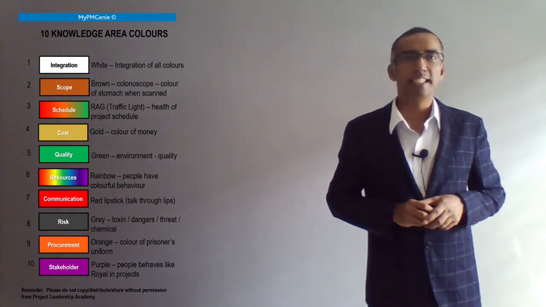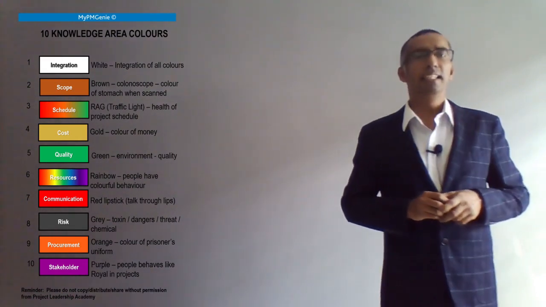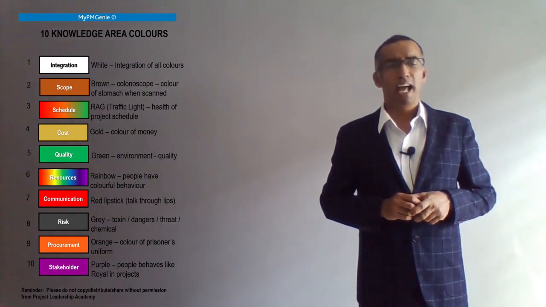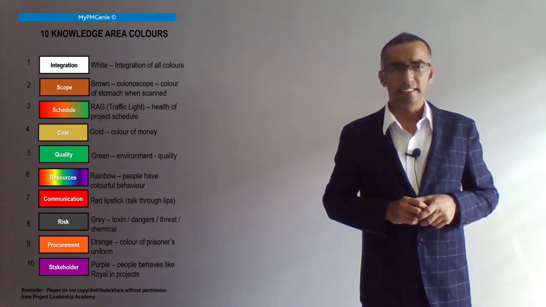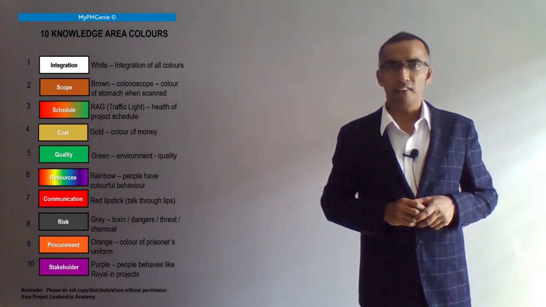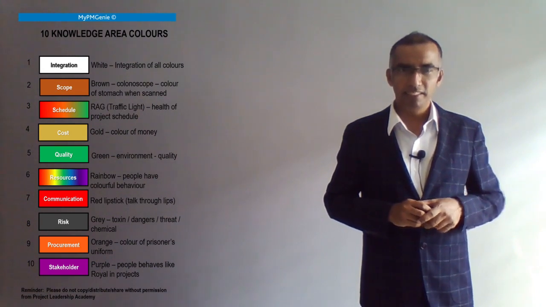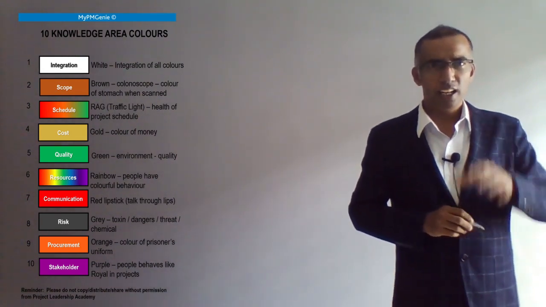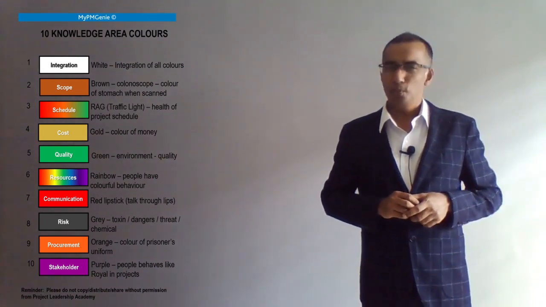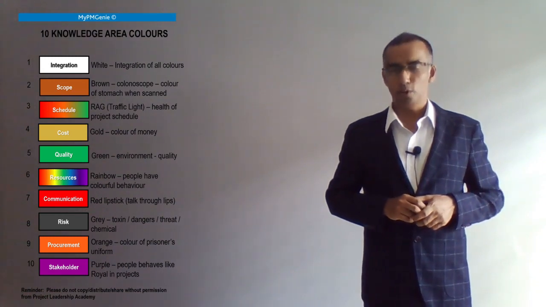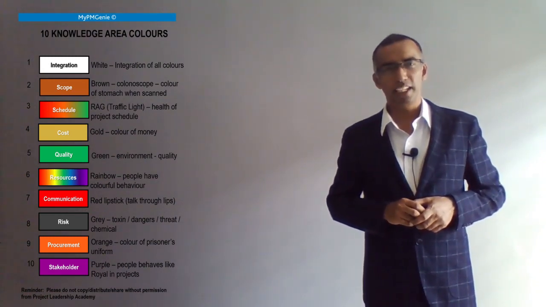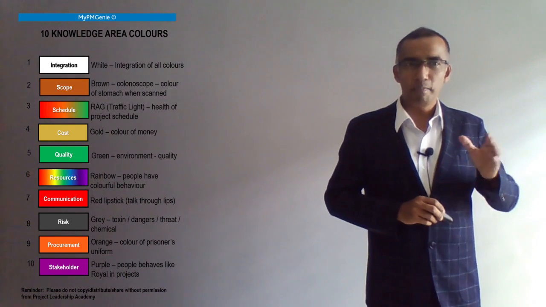Now next one is the schedule. For schedule, I use 3 colors there. RAG, red, amber, green, which is a traffic light indicator, right? Now whenever you are doing schedule, wouldn't you update your bosses on the status of your schedule? Are we on track? Are we behind schedule?